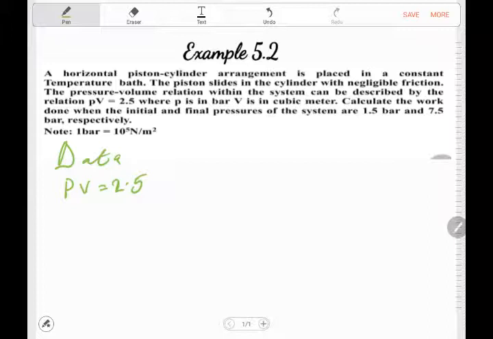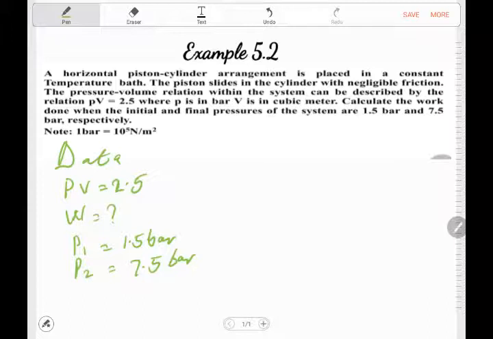We are to calculate work, so W is unknown, and we are given that the initial pressure, P1, is 1.5 bar, and P2 is 7.5 bar.